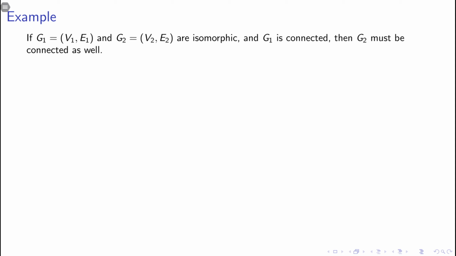Again, clearly, you probably understand why it's true. G1 and G2 look the same as graphs when you remove all the labels. But one way you could prove it is by using the definition of an isomorphism. Remember what an isomorphism is. It's a function f that is bijective between the two vertex sets.